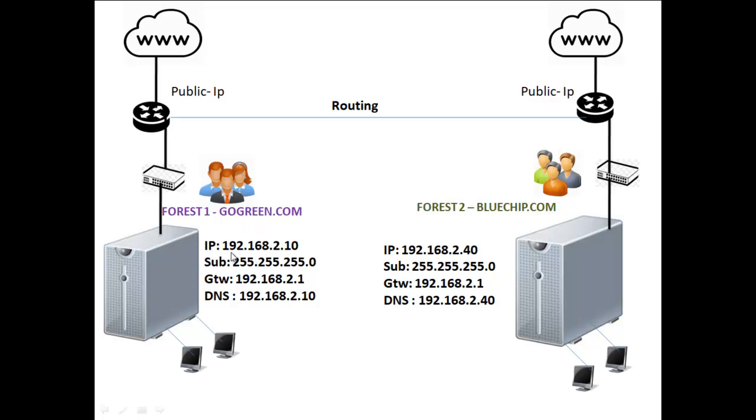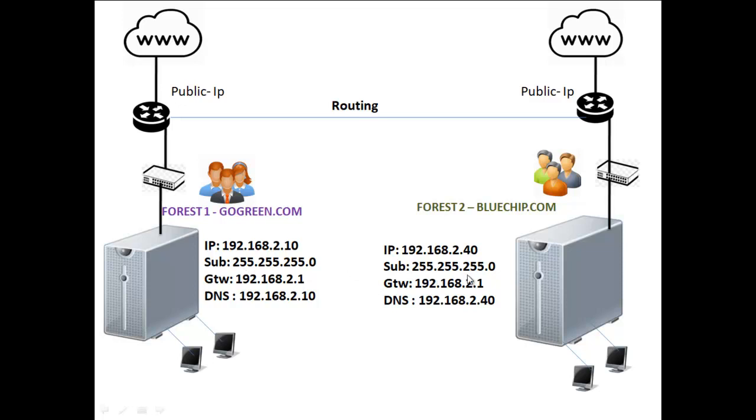In my scenario, I have created the IP addresses in the same subnet: forest 1 is 192.168.2.10, and forest 2 is 192.168.2.40. But in a real scenario you will not get this situation.